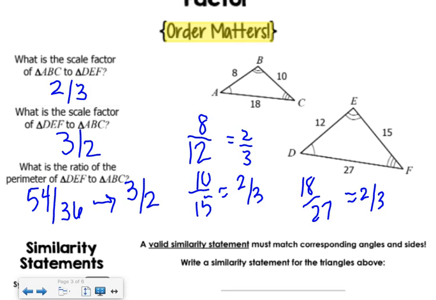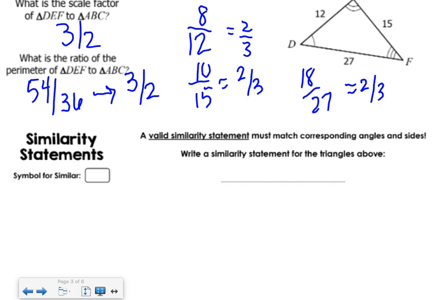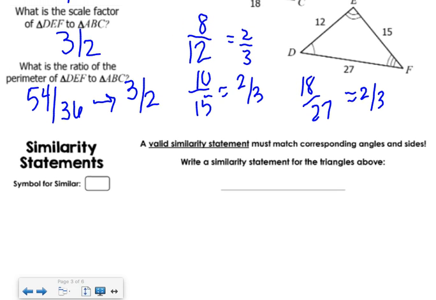Oh, a similarity statement. So we use a little squiggle to represent similarity. It's kind of like that top part of the congruent symbol. It says a valid similarity statement must match corresponding angles and sides.